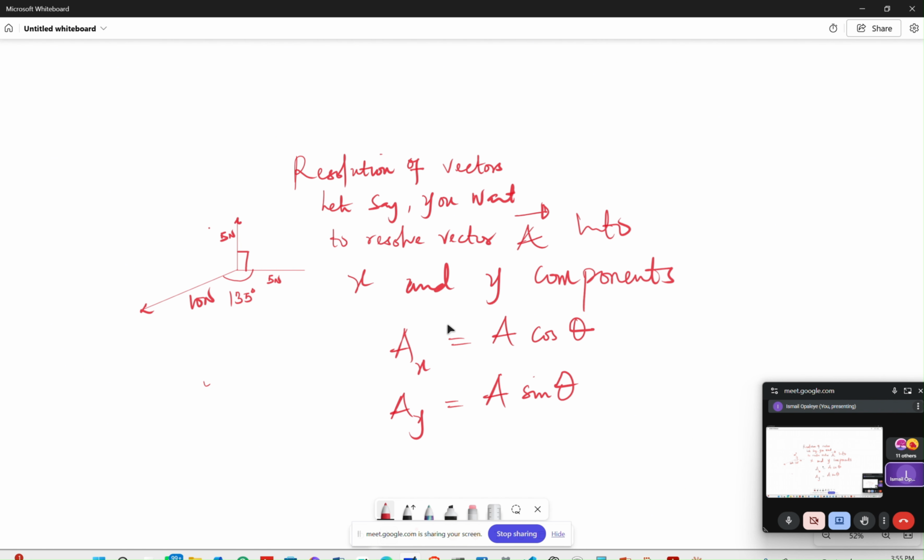Y-axis has two places, one above the x line and one below the x line. The one above the x line is the positive one, and the one below is the negative one. So you have plus y and you have negative y. And also for x axis, you have plus x and you have the negative x. So you need to know which of those areas the vector that you want to resolve falls into.